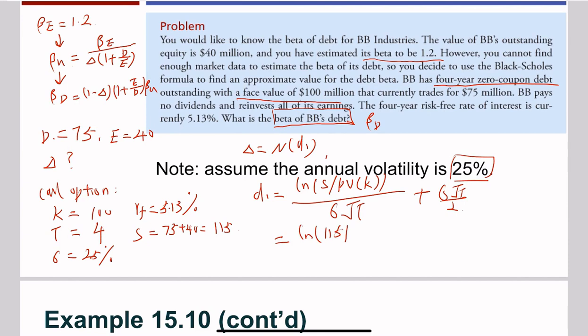What is PVK? Well, PVK is the present value of the exercise price, and we know that K is $100 million. And then we have to discount it, and we know that this is a 4-year debt. So we would discount this with 1 plus the risk-free rate, raised to the power of 4.